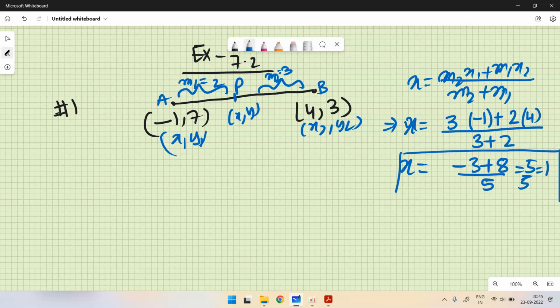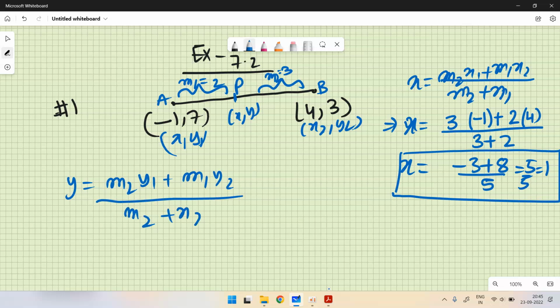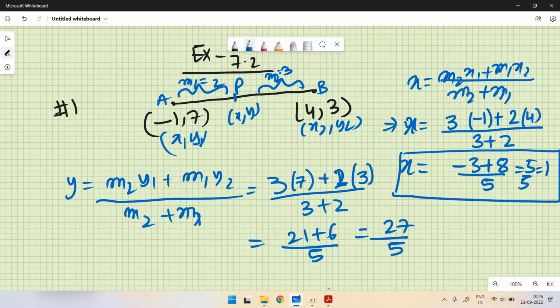So the x coordinate is 1. And y similarly is m2 y1 plus m1 y2 by m2 plus m1. m2 is 3, y1 is 7, plus m1 is 2, y2 is 3, by 3 plus 2. This is 21 plus 6 by 5, which is 27 by 5.